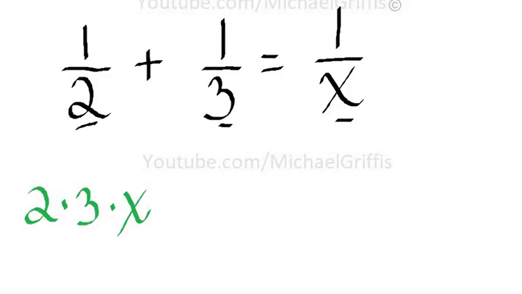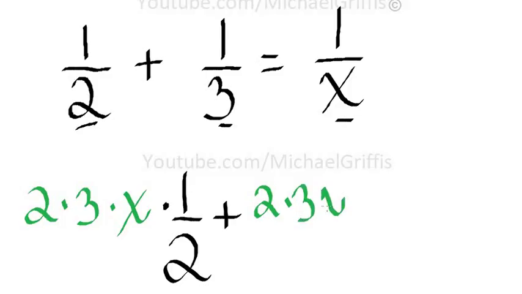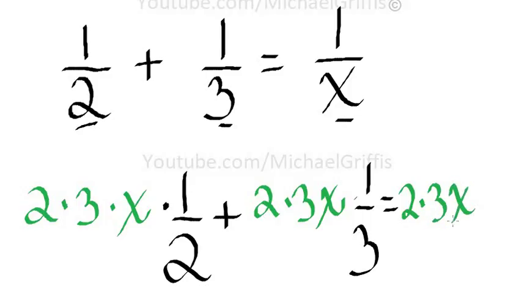So we have 2 times 3 times X times a half, plus 2 times 3 times X times 1 over 3, is equal to 2 times 3 times X times 1 over X. Now we can see what's canceling.